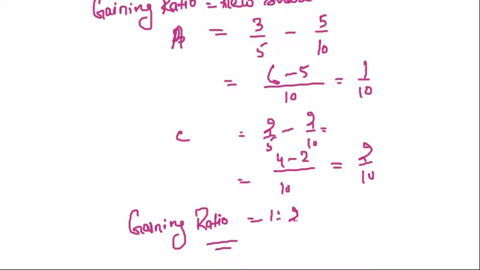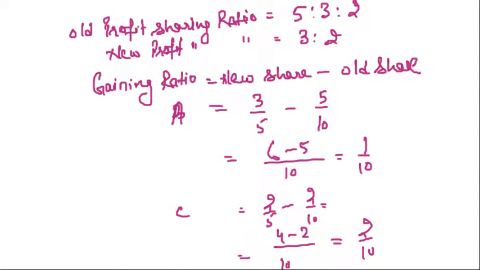So in case of retirement, the remaining partners are going to have a gain in the share of profits. Therefore, we are going to calculate the gaining ratio. The gaining ratio is new share minus the old share, right? And for this, we need the new profit sharing ratio.